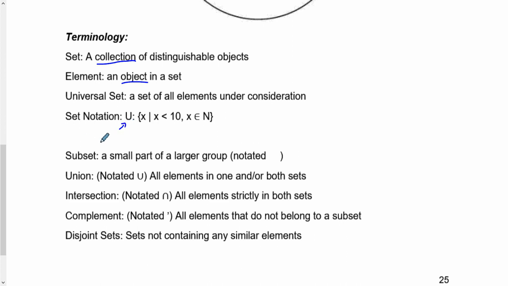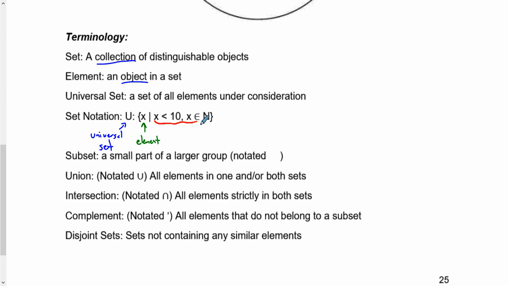This U is the universal set. The universal set will be defined by X's, which are all the elements, such that X is less than 10, where X is an element of the natural numbers.